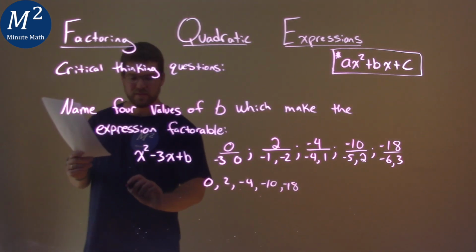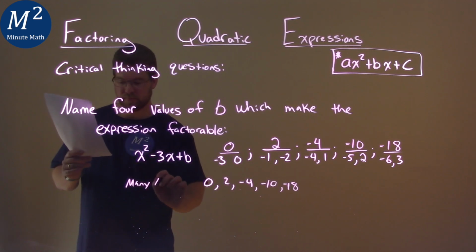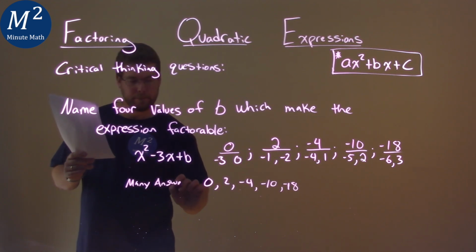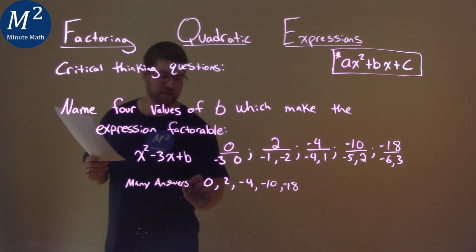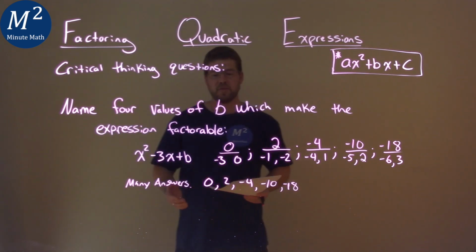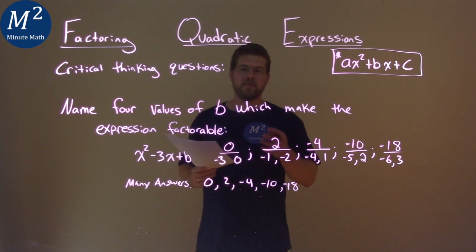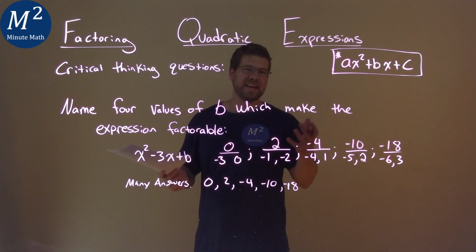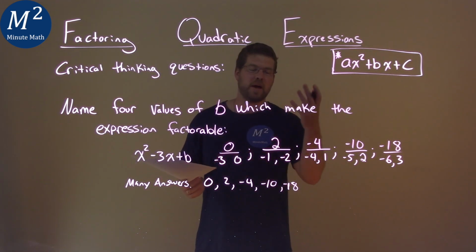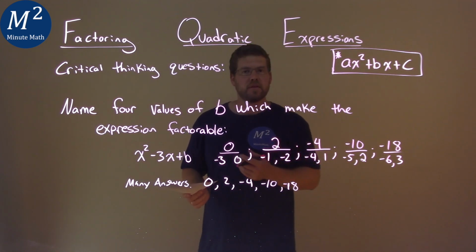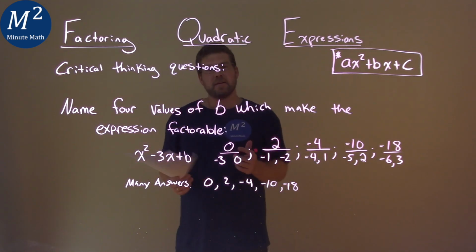But in reality, there are many answers, and I would be here forever if I tried naming them all. So here are 5 values for b which make this factorable, but again, there are many answers that work here. Here's just the process for it. So that's our final answer.